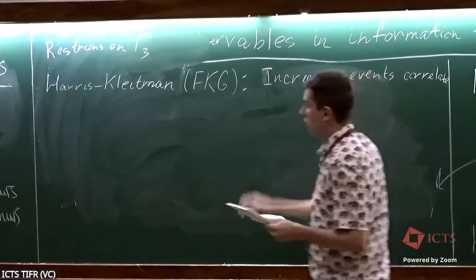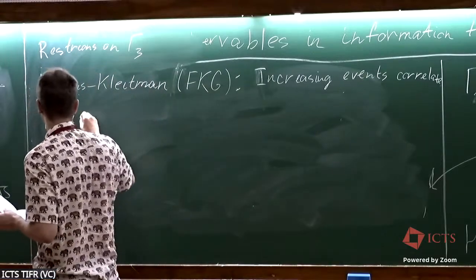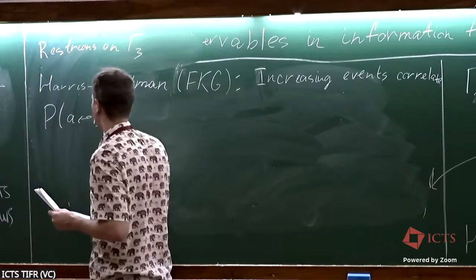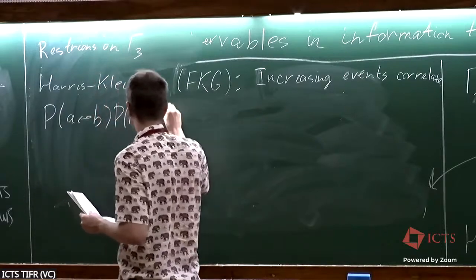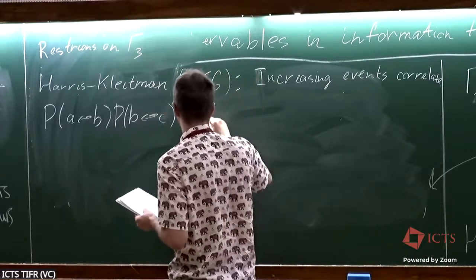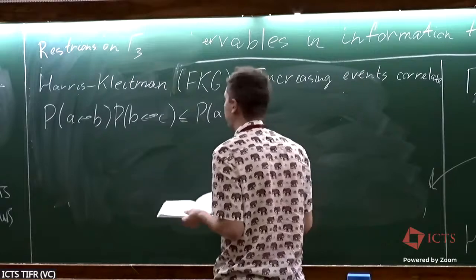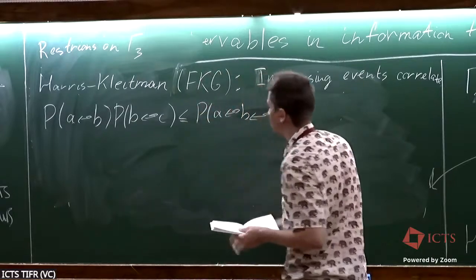So in particular, if we take 2 events, event 1 would be A is connected to B, and the next event will be B is connected to C. These events correlate non-negatively, so we have that the product of their probabilities is less than the probability that A, B, and C are in the same cluster.